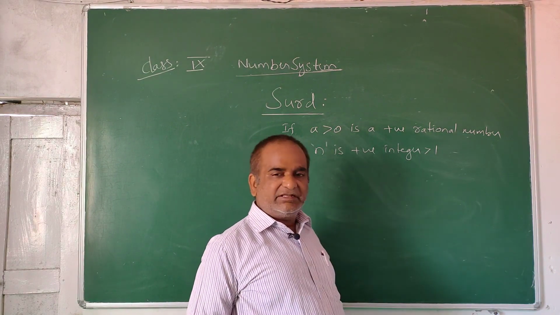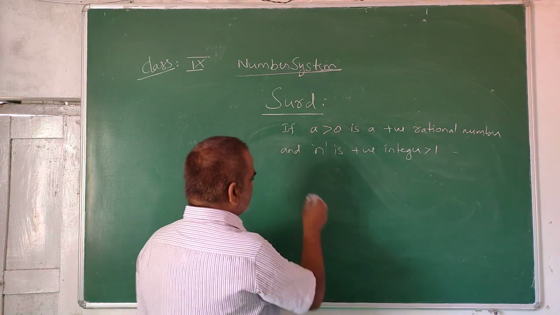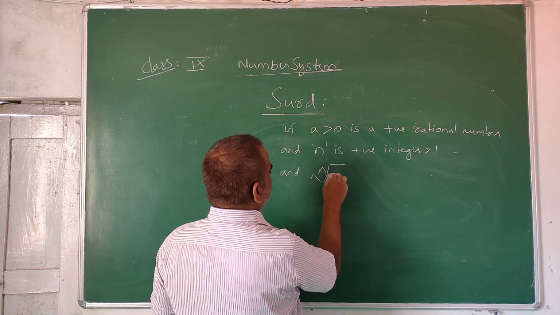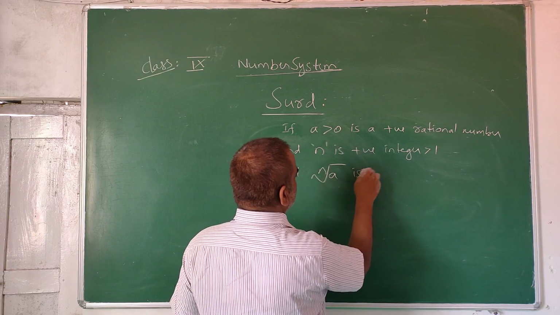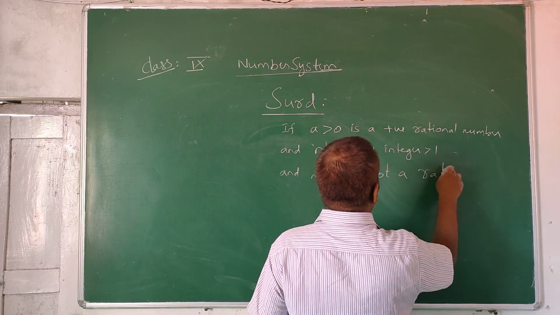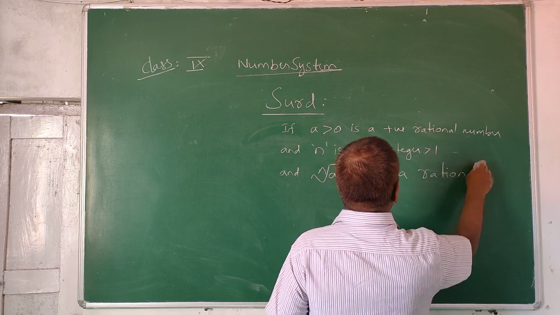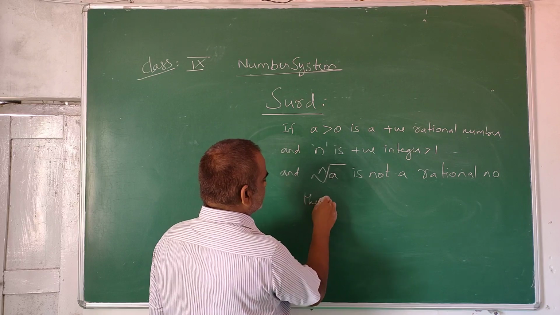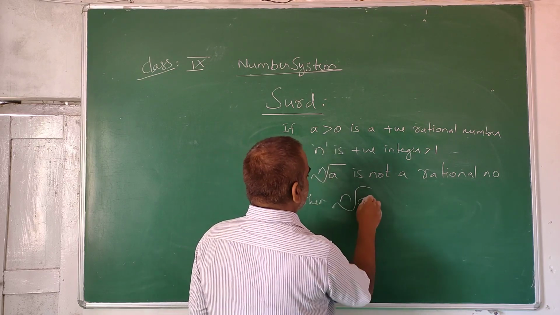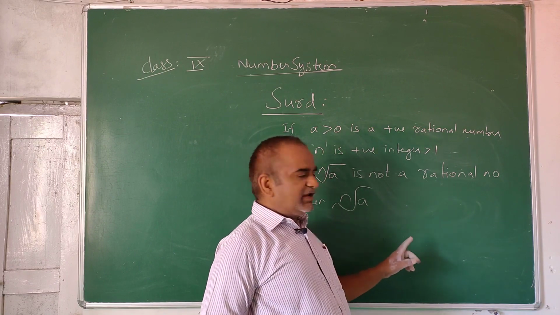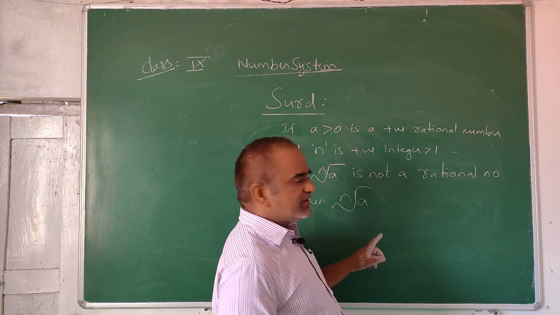And if nth root a is not a rational number, then nth root a is an irrational number and it is particularly said to be a surd.